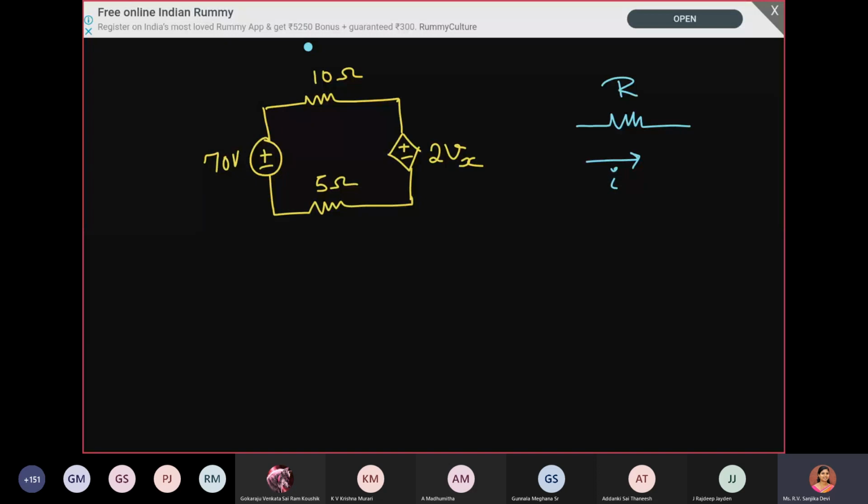So if you have a current passing through this resistance, there will be a voltage drop across this resistance. The polarity we have to follow is that the part where the current is entering has to be positive, and the part where the current is leaving has to be negative. Okay, so that is the default convention we will be following.